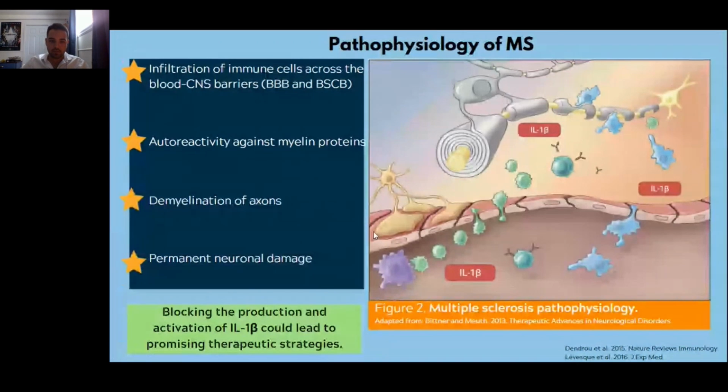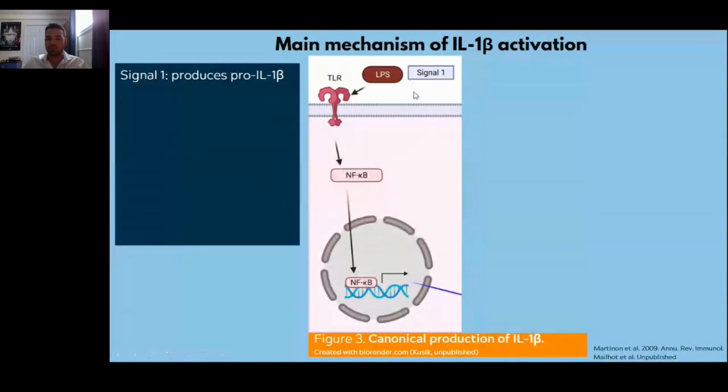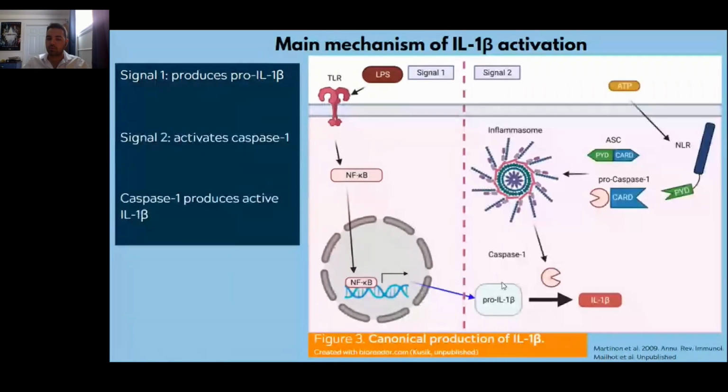IL-1 beta is produced through two main mechanisms. The first one will lead to the transcription of the immature form of IL-1 beta, whereas the other signal will allow the formation of the inflammasome, a multi-protein complex composed of a receptor of inflammatory molecules and the immature form of caspase-1, bound together by the adaptor protein ASC.